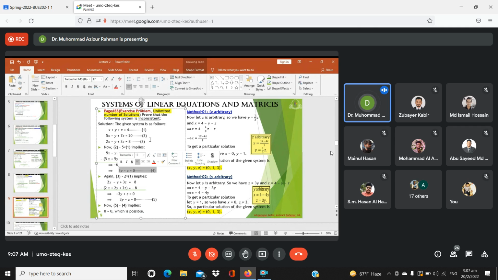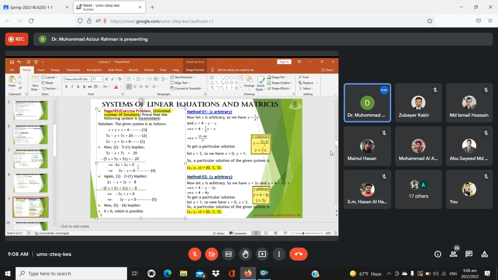So using two sets of equations, we eliminated x and found one equation, 3y minus z equals 0, equation 4. Now we take another two equations, let's say equation 3 and equation 1. If you want to eliminate x, what should we do?